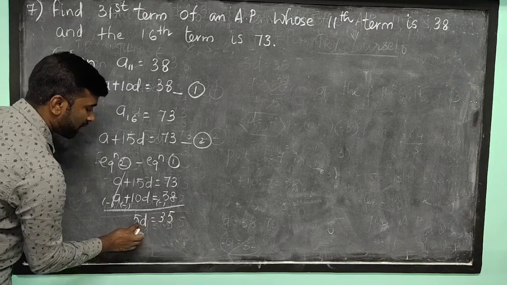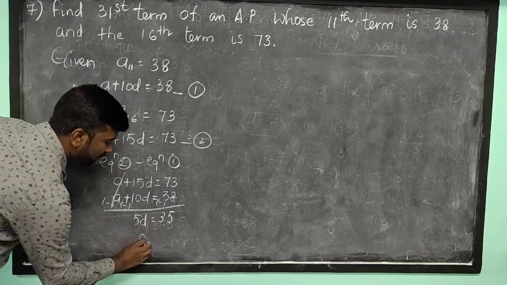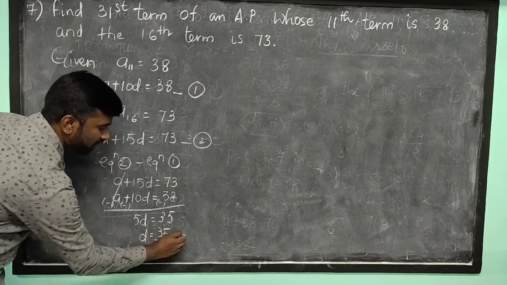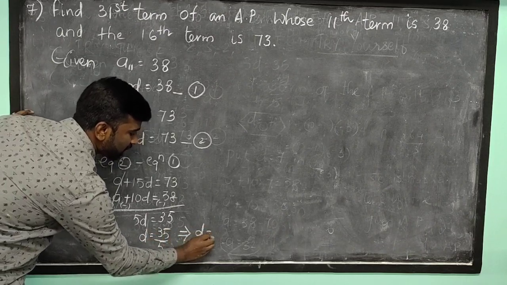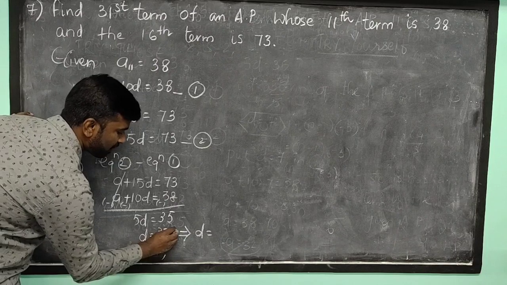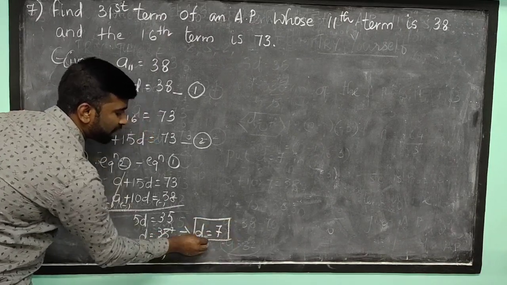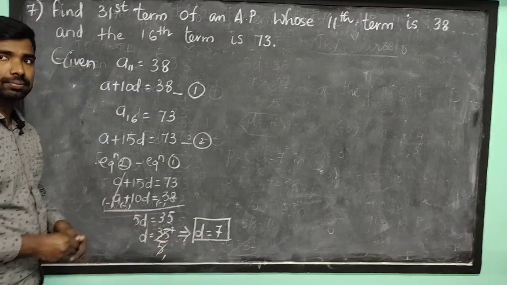We got 5d equals 35. Now d equals 35 divided by 5. 5 sevens are 35. D equals 7. We got the value of d as 7.